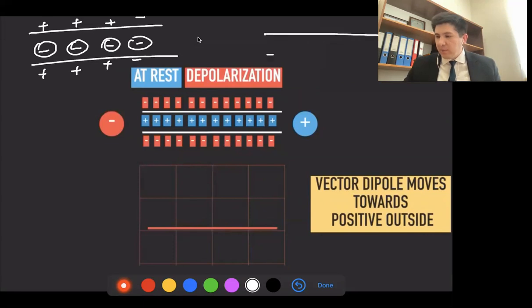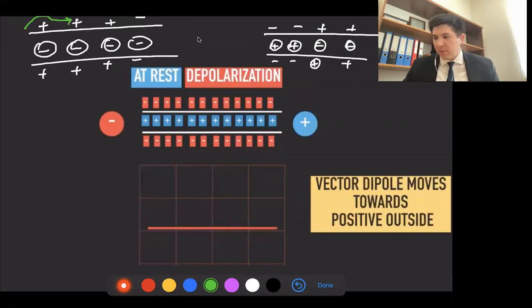So it becomes like this: plus here, minus, plus, minus, plus. At this stage, the signal is created here, for example, then it's transmitted to there. So at this stage, we are going to measure the dipole. So the dipole moves in this direction. Why? Because you've got positive charge outside, okay?